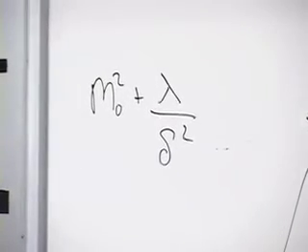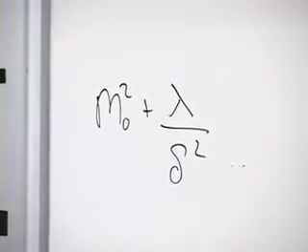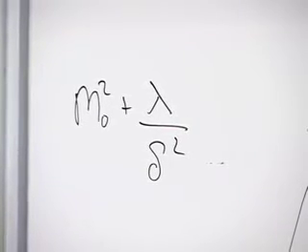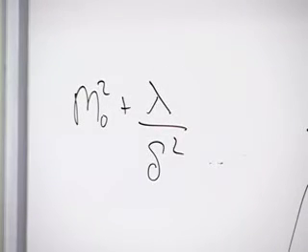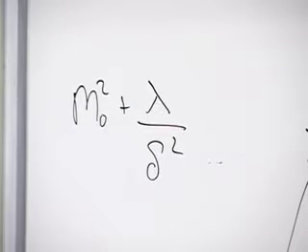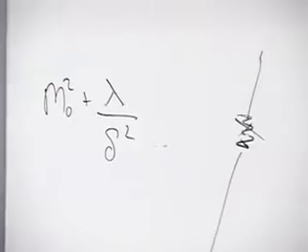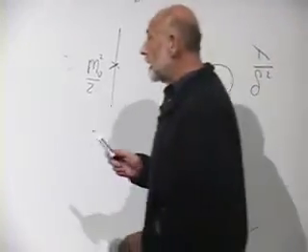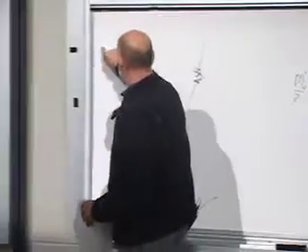All right, that's mass renormalization. In other words, the true mass of the particle, the mass that you would see in the laboratory, where your accelerator simply doesn't expose distances smaller than delta, the effective mass that you see is this.